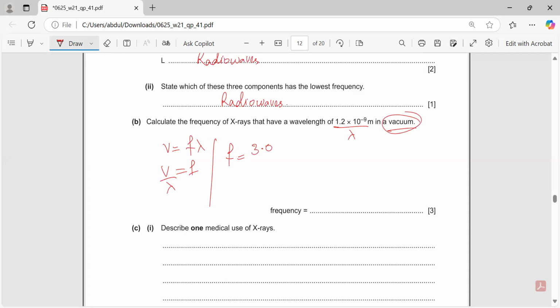So 3.0 times 10 raised to power 8 is the speed of X-rays, over 1.2 times 10 raised to power minus 9. As we simplify, 2.5 times 10 raised to power 17 hertz.